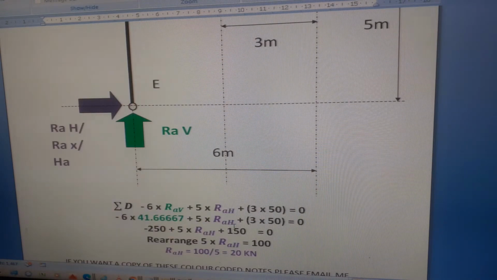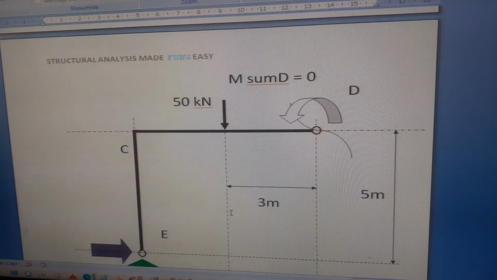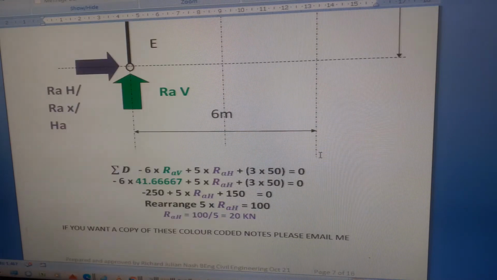Say we don't know RAH. So minus 6 times 41.6667 plus 5 times RAH plus 3 times 50 equals 0.